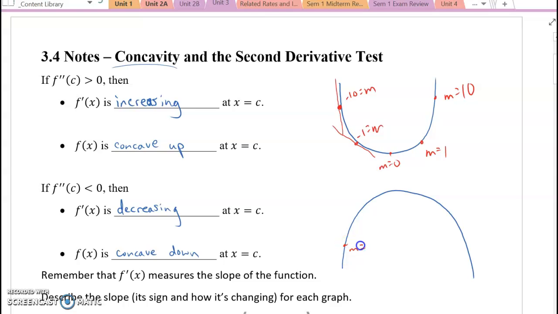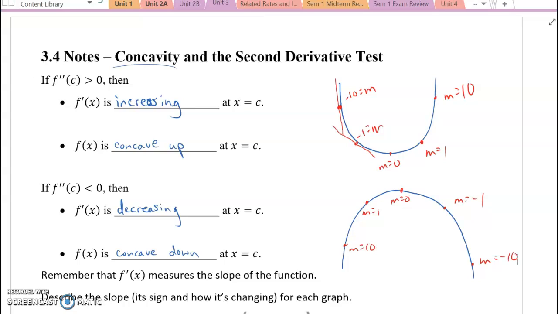Maybe the slope equals 10 here, and then the slope equals 1 here, and then the slope equals maybe 0 here, and over here the slope might equal negative 1, and down here the slope might equal, say, negative 10 or something. And as we progress from a very large slope down to 0, down to negative slopes, that's a concave down graph. So right side up U is concave up, upside down U is concave down. The down makes a frown.